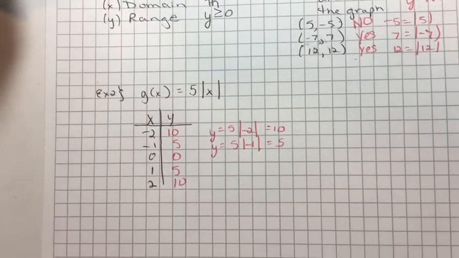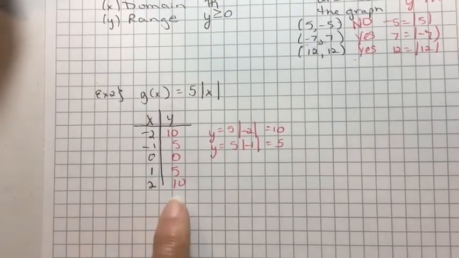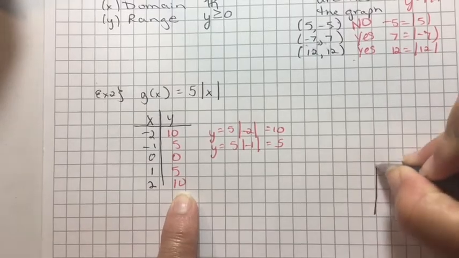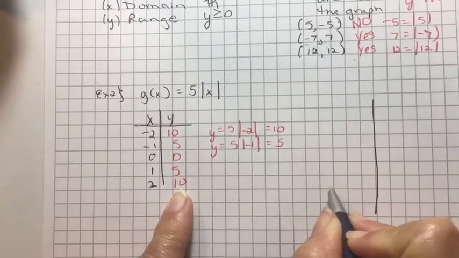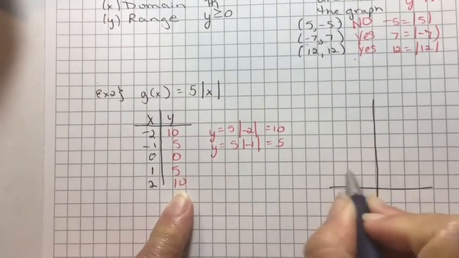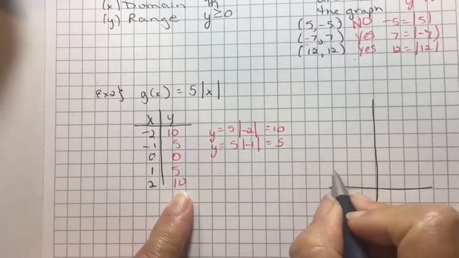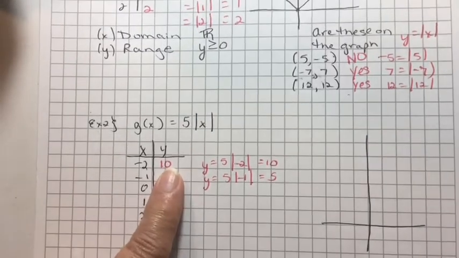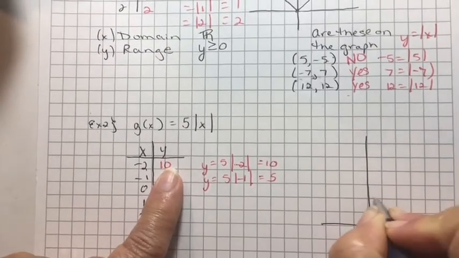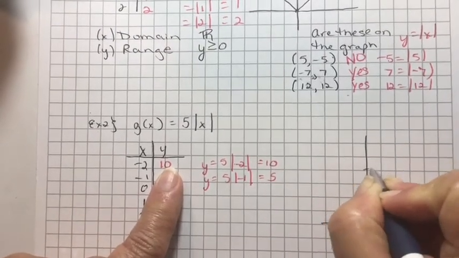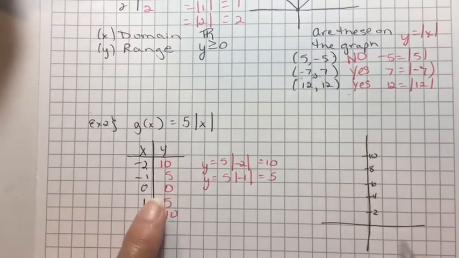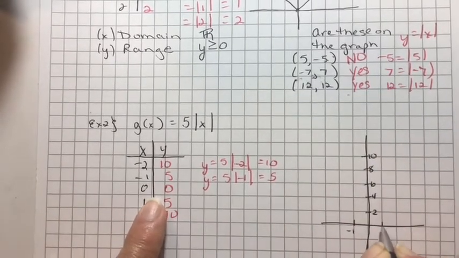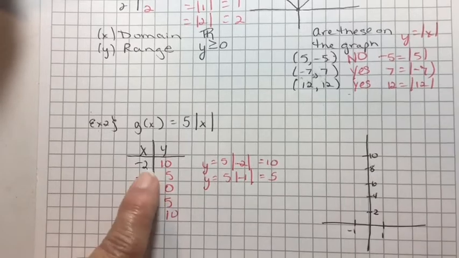All right, so now to graph these, again, I just have these 2 quadrants. I need to go up to 10. I think maybe I will count by 2's on the y-axis. All right, but I'm going to stick to the 1's on the x-axis.